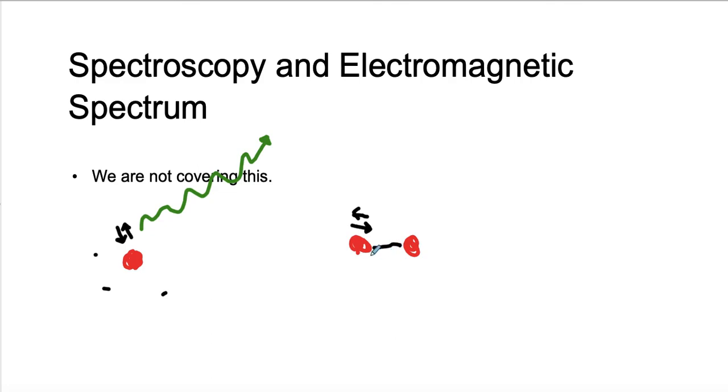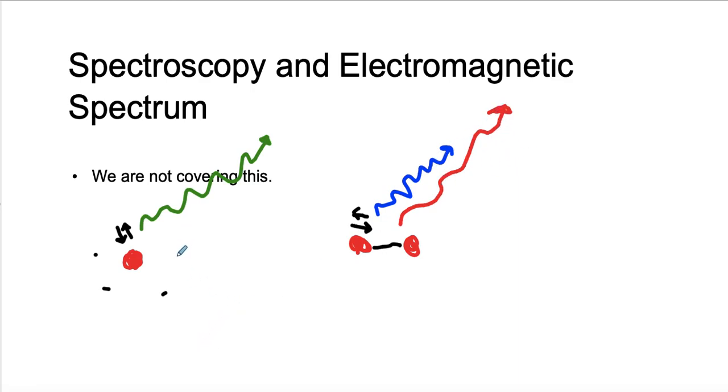They're just going to shake. If it's a looser bond, they're going to shake more loosely. Depending upon what they do, they can let off light. Or if it's a slow bond, maybe they're going to let off a slower frequency of light, depending upon that. So the electromagnetic spectrum is what they let off.